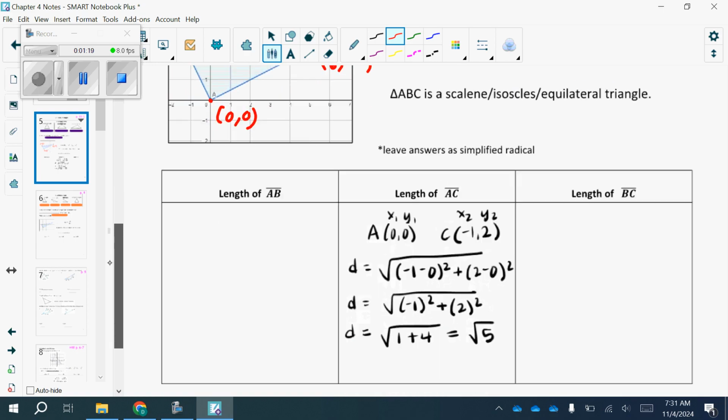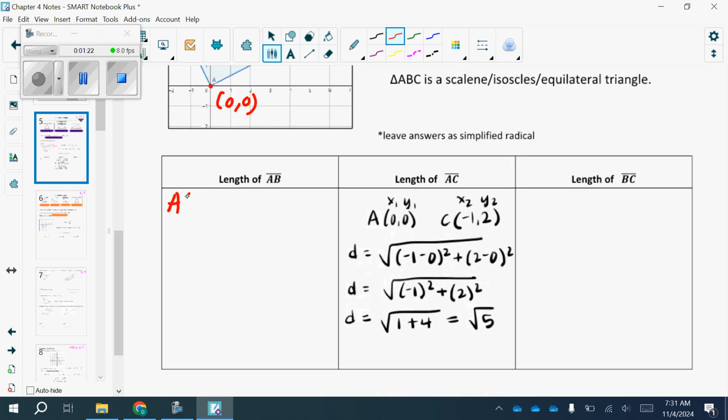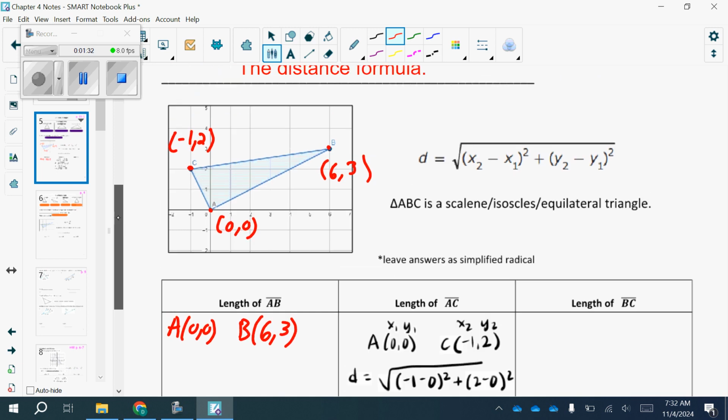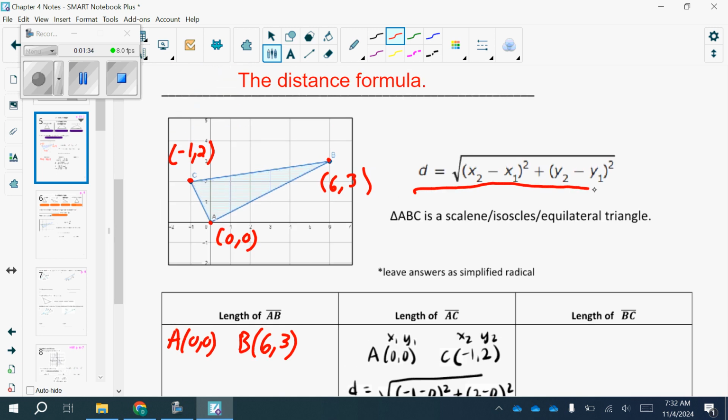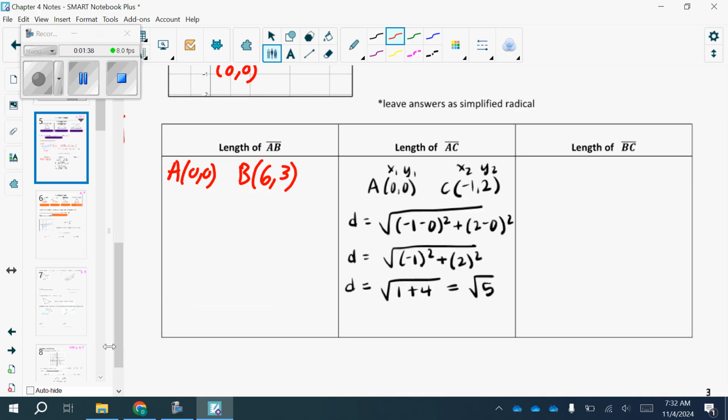For length AB, A is the point (0, 0), and B is the point (6, 3). The distance formula is the square root of your change of x squared plus your change of y squared. Our change of x is 6 minus 0, which is 6.